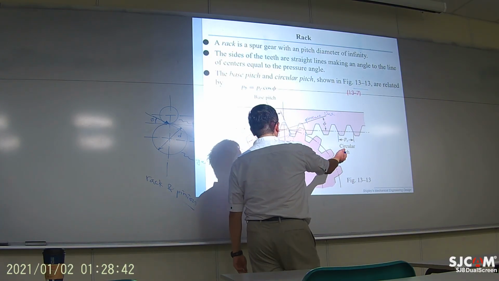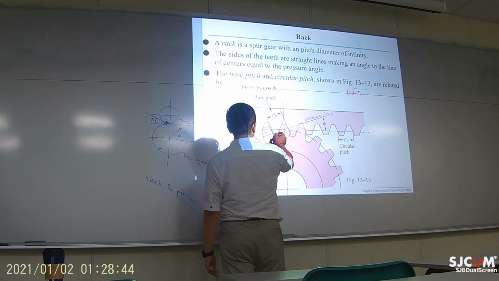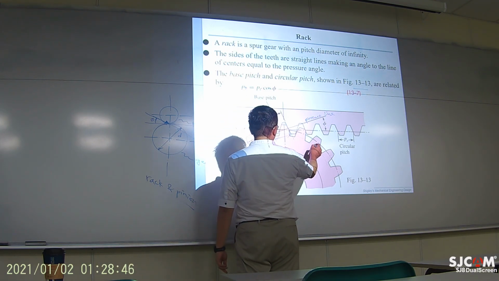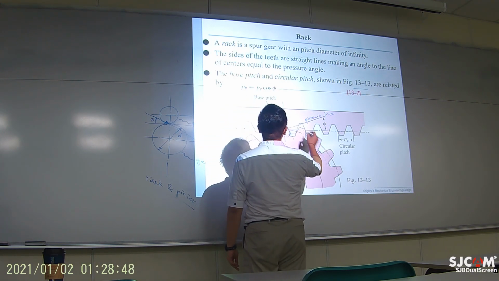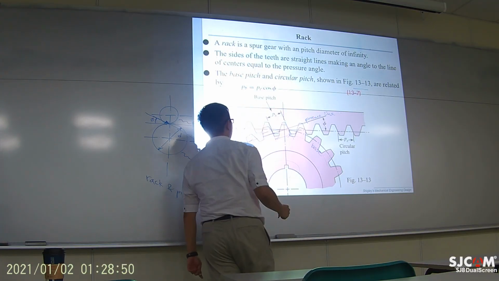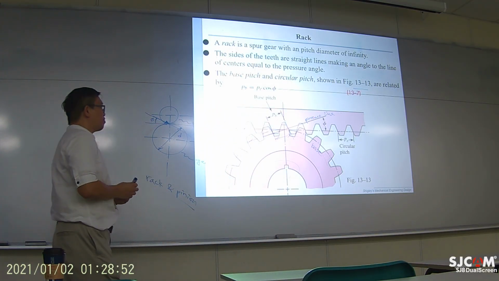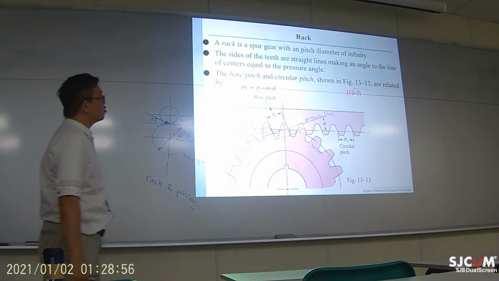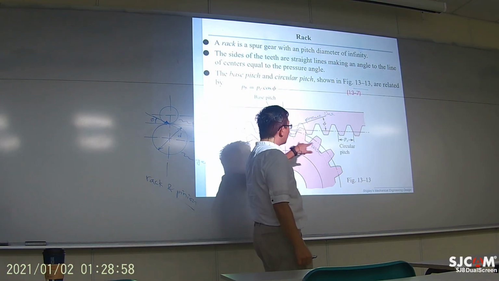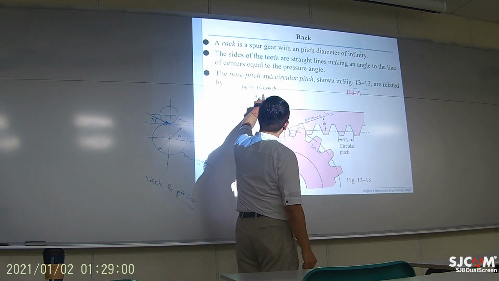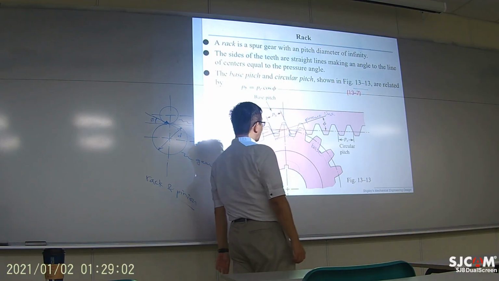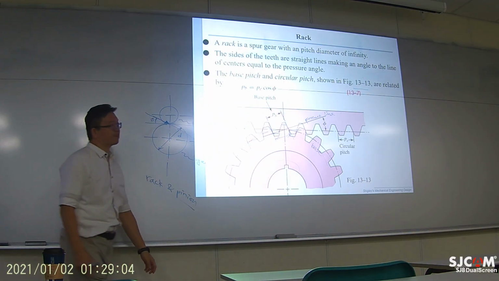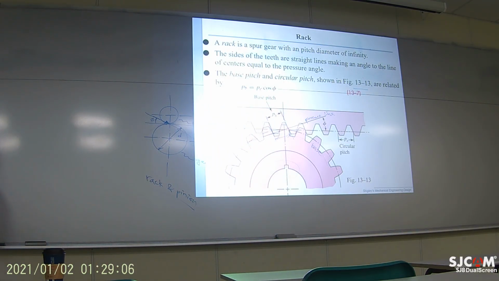And the pressure line is tangent to the base circle. So that's why if you study the pitch along this direction, it's also called the base pitch. And the difference between the base pitch and the circular pitch is that there is a cosine phi relationship there. Okay?